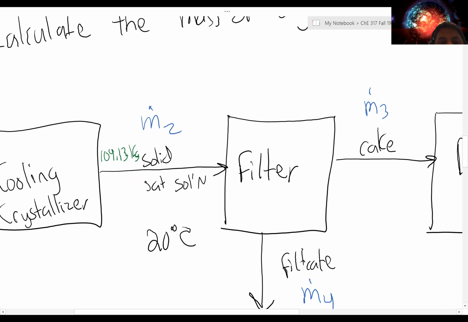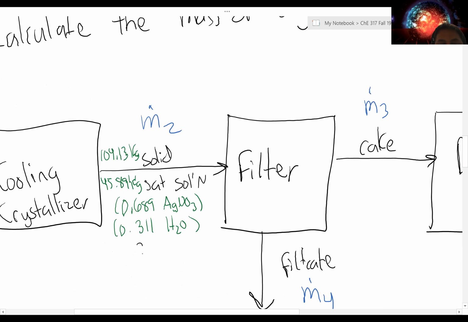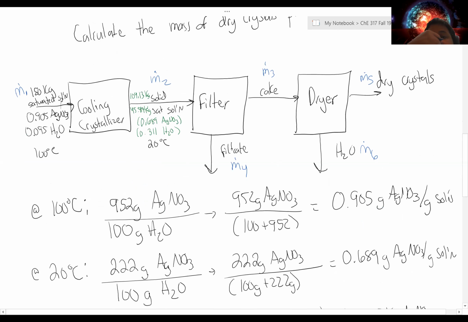And of the solution, it's 0.689 silver nitrate and 0.311 water. And this is at, was it 20 degrees? Yes, 20 degrees.